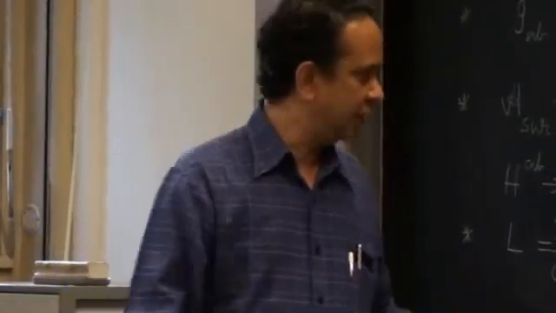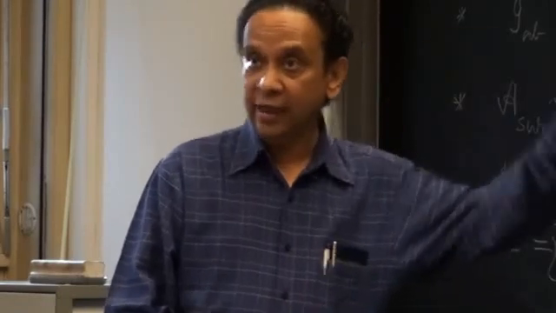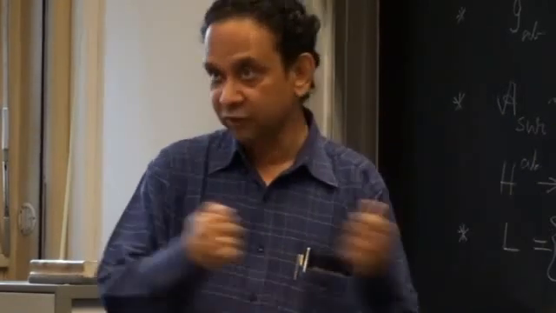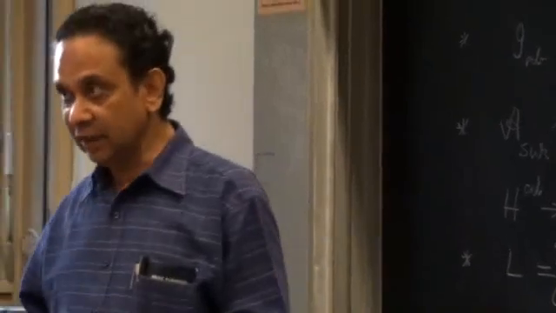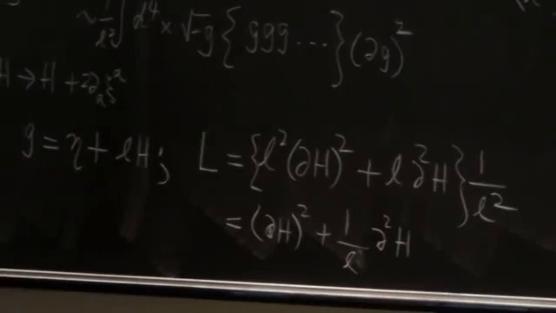And this is the same as what he was commenting, that this term is linear in H. So there is a quadratic term, which is what gives you the dynamics, and then there is a surface term which is linear in H. And when you do the scaling, this is the way the scaling goes. This is a nicer way of presenting it in terms of canonical dimensions. Now why is it so important?